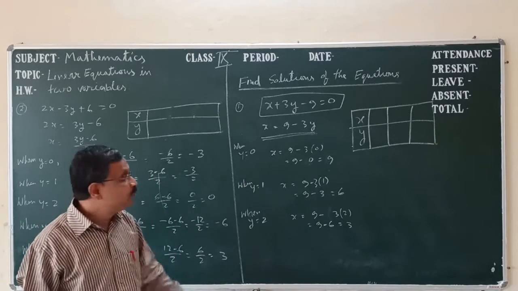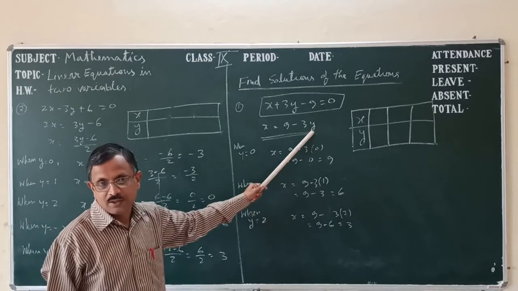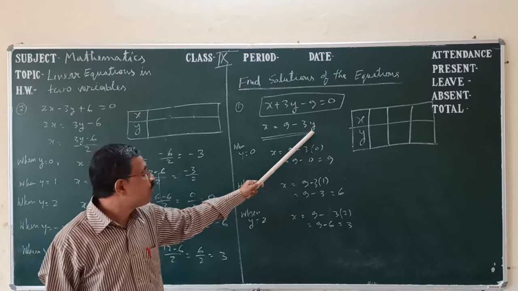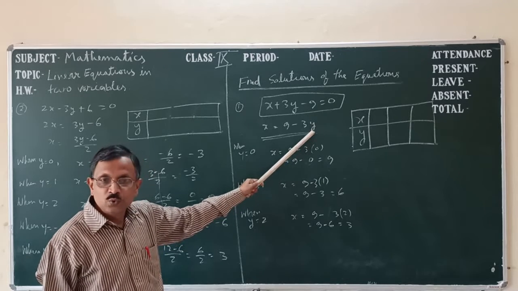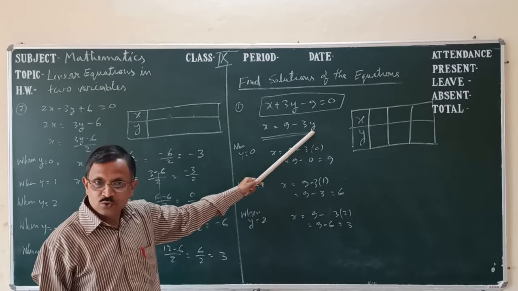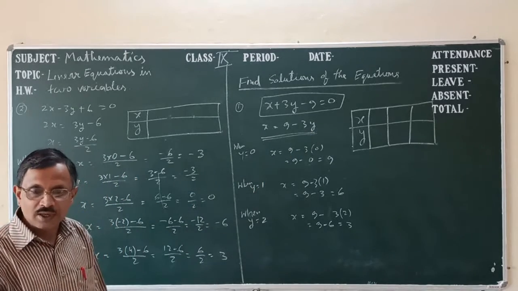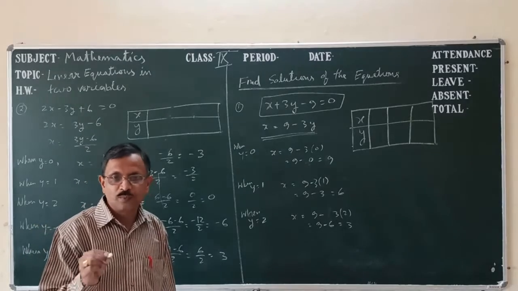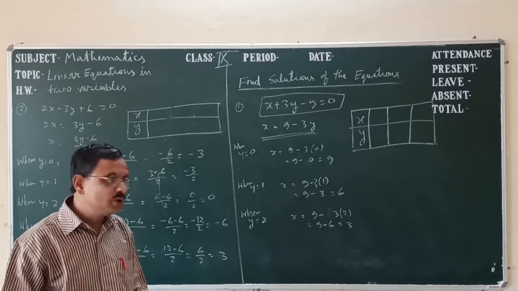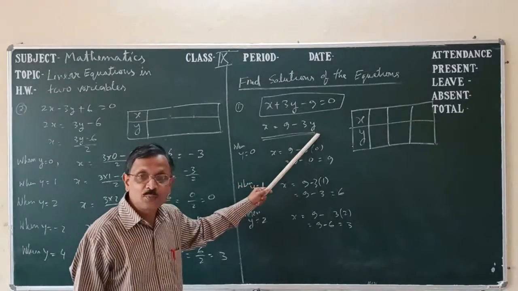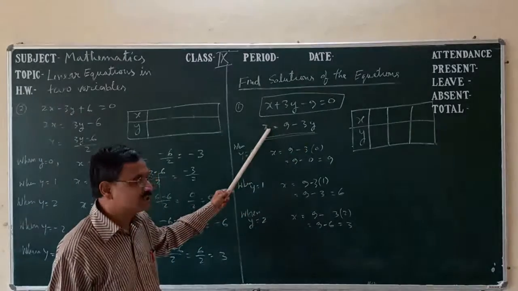Now we put arbitrary values like 0, 1, 2, minus 1, minus 2, minus 3 in place of y, and we find the value of x.